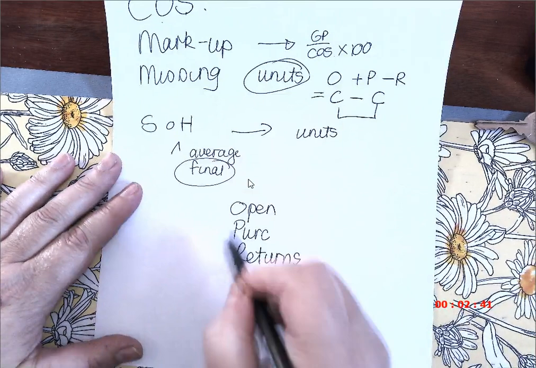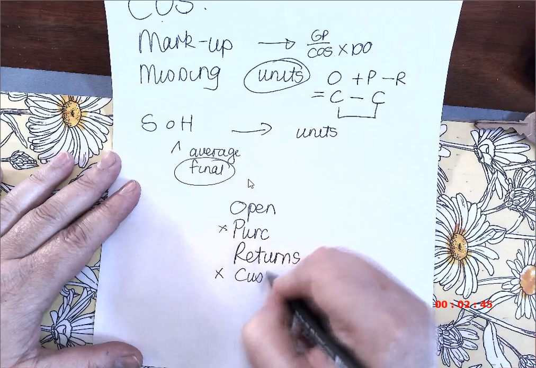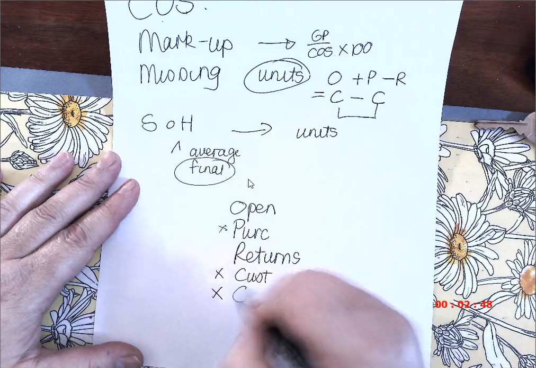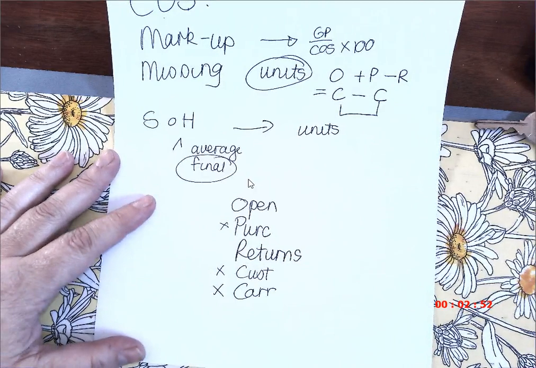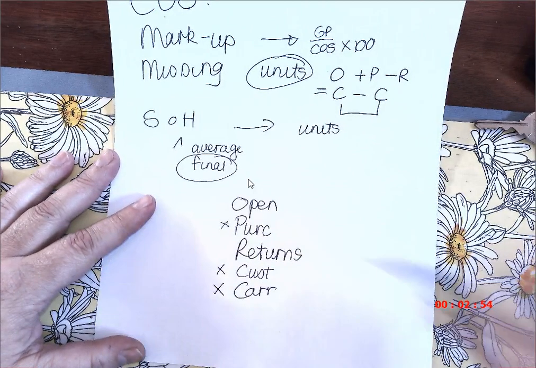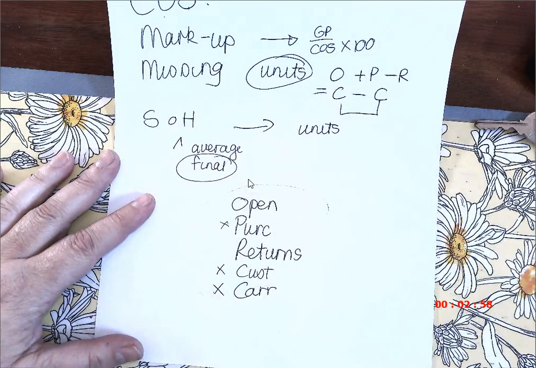Then what influences your purchase price? Oh, customs, carriage. That all makes the price of the purchase more. Okay, so if I have this, I have the price of the stock that's available to sell.